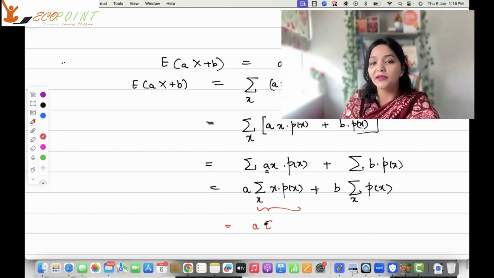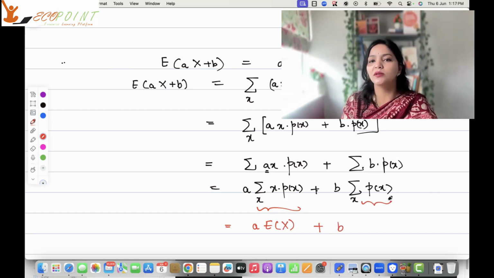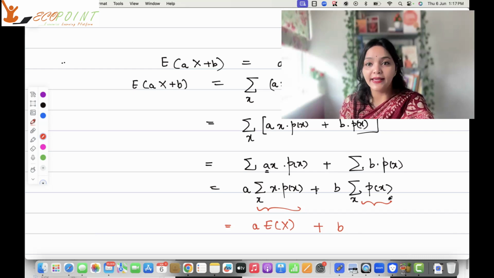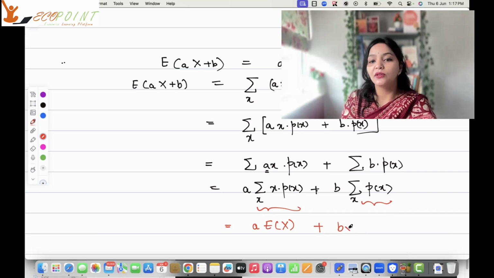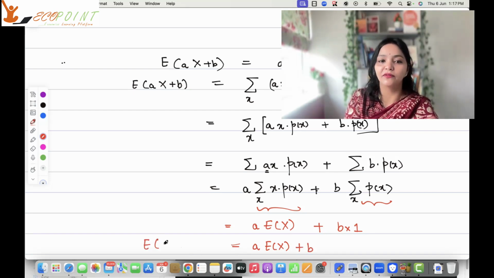It's the expected value of x, nothing else. Plus b times, what is summation px summed over all x's? The probabilities sum over all x's, that is the entire domain. The total probability has to be 1, right? So b into 1. So therefore what you get is a times expected value of x plus b, and that's what I started off with, right?